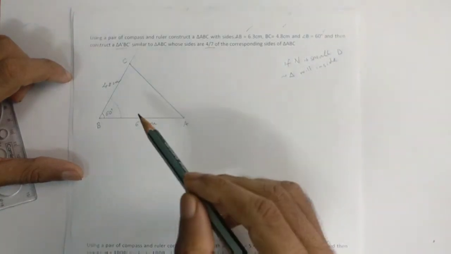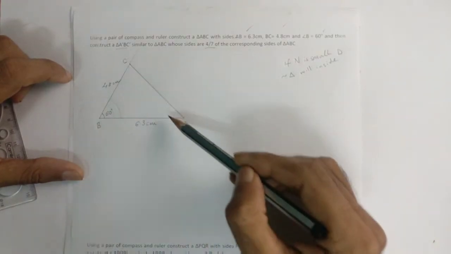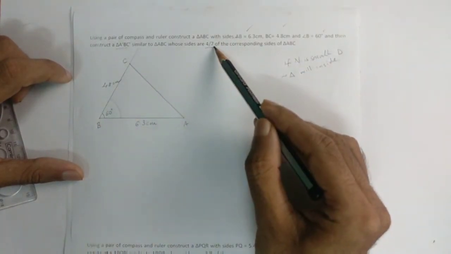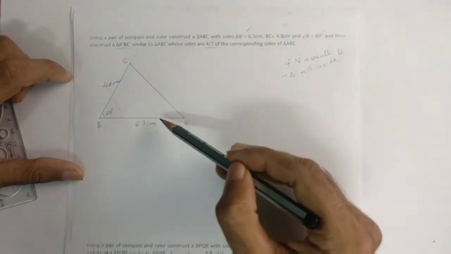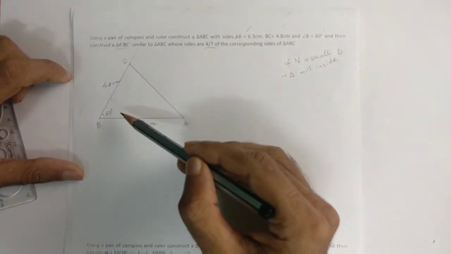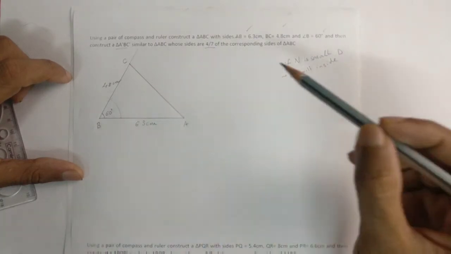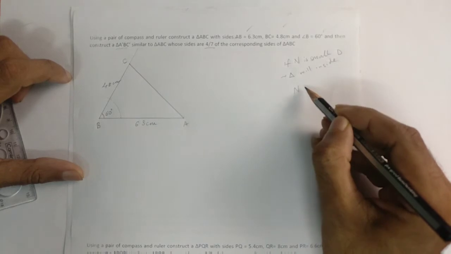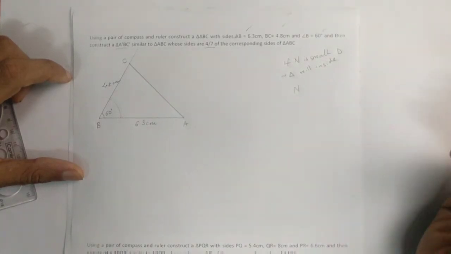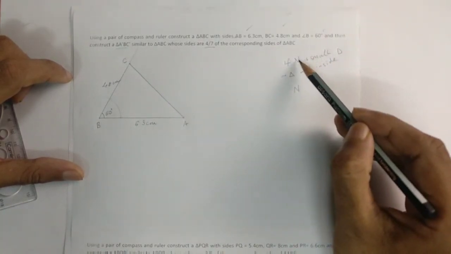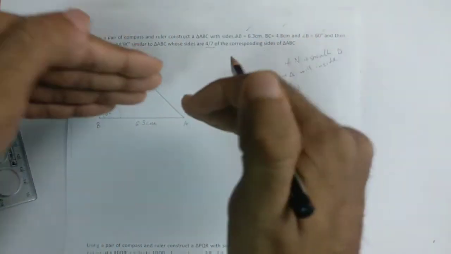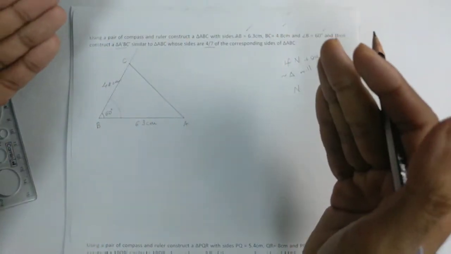Whatever triangle you have drawn, if the numerator is smaller than the denominator, this similar triangle will always be inside. And if the numerator is greater, then the triangle will be outside. Imagine like this: numerator is small, triangle is inside; numerator is big, triangle is outside.